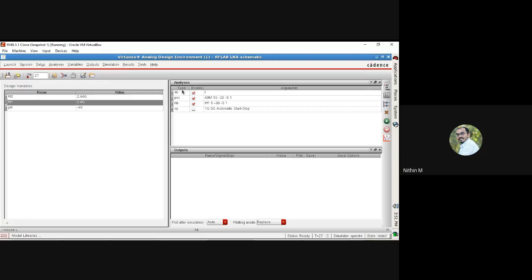Now on the right side in the analysis, I have enabled different analyses apart from DC analysis. This is your PSS analysis, which we call periodic steady state analysis. The second one is HB, which we call harmonic balance analysis. This HB analysis helps us find out a lot of things.